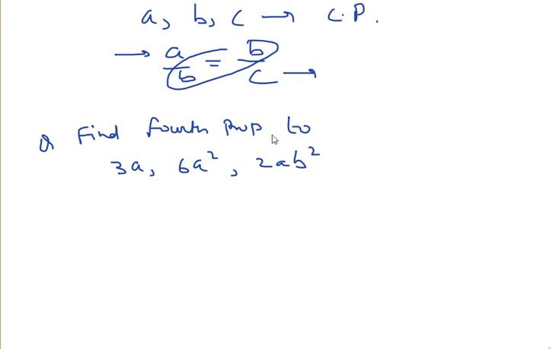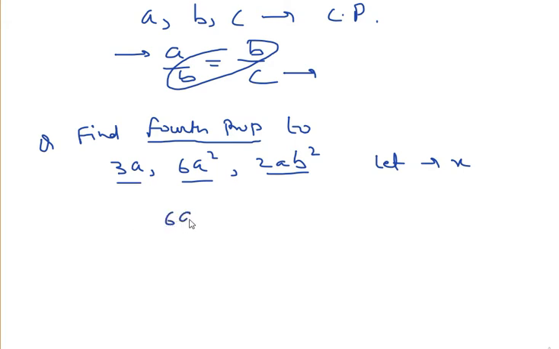Find fourth proportional to 3a, 6a square, twice ab square. Let the fourth proportional of these three be x. So how will we write this? Because it is mentioned that we need to find the fourth proportional, and three different terms are given to you.